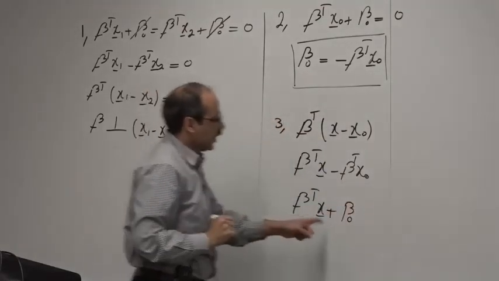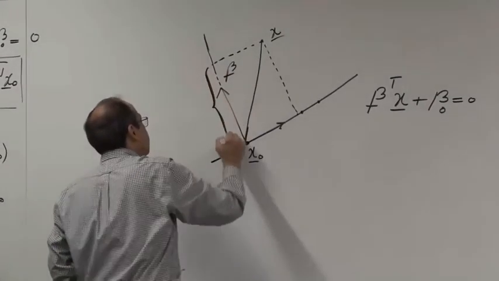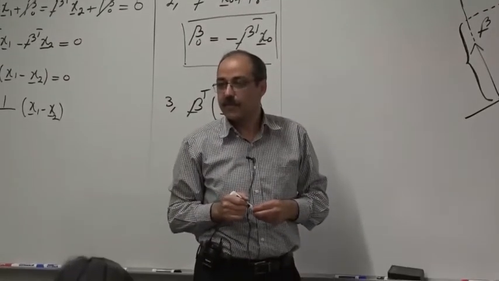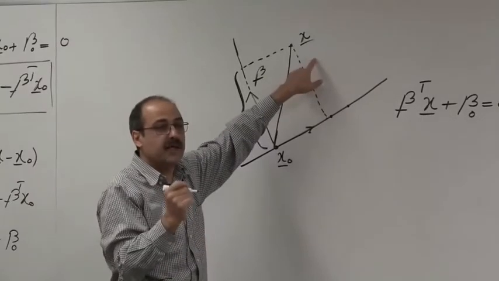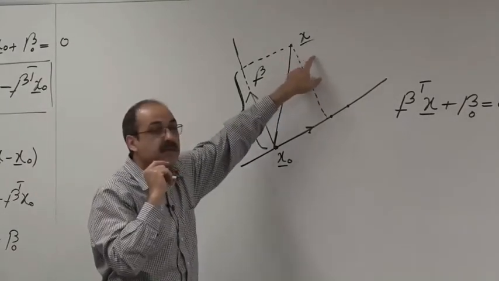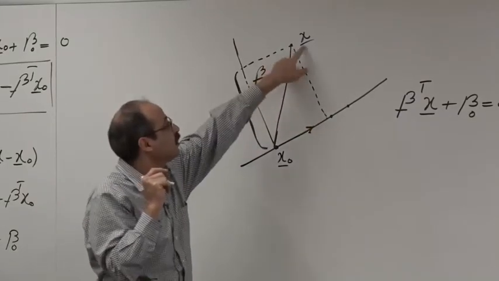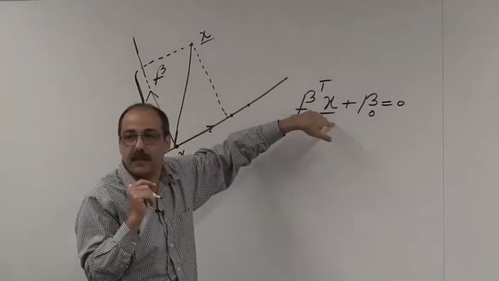So beta transpose x plus beta null is this distance. That's what we are looking for. Give me an x, and the question is what's the distance of this given point to the hyperplane? So the only thing that you need to do is to put this in the equation of the hyperplane. Okay?